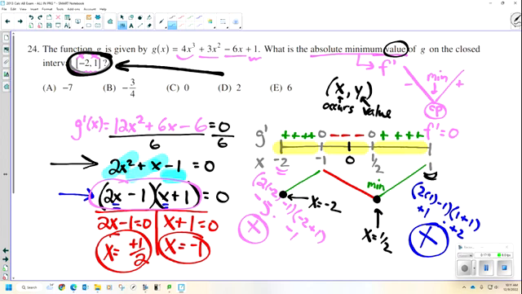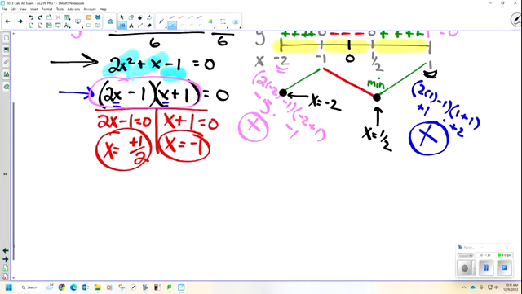All right, which means, oh God, I'm going to have to throw 1/2 into the original equation, and I'm going to have to throw a -2 into the original equation and see which one's actually lower, which one has a smaller y value. That's okay. We got this.